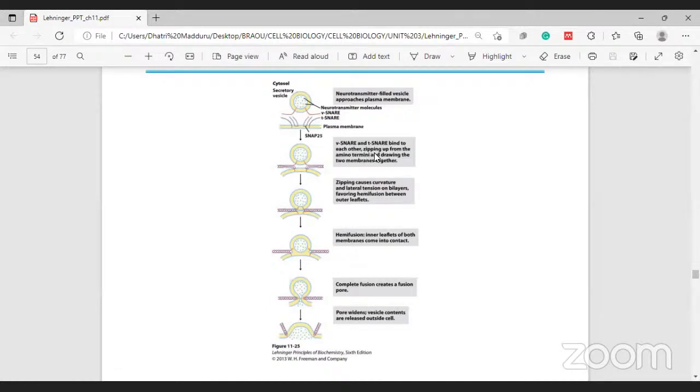They bind to each other, zipping up from the amino terminus and drawing the two membranes together. Now they come together so that this membrane fuses with this membrane. After fusion, they form a pore, and these neurotransmitters are released outside the cell.